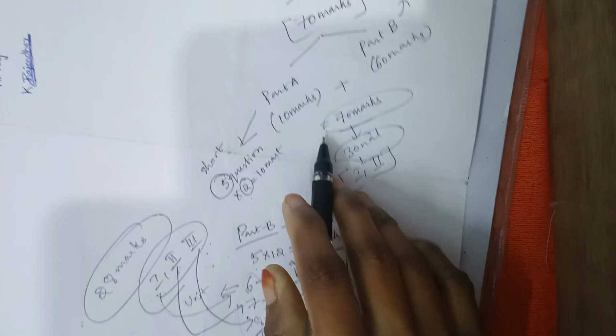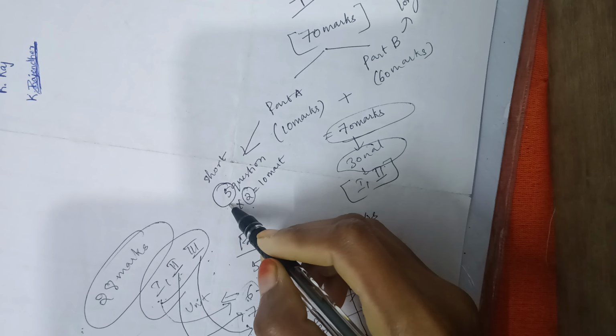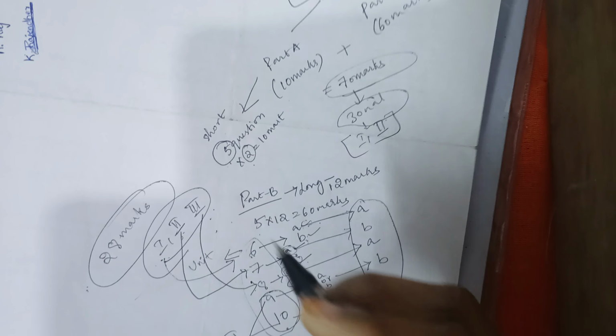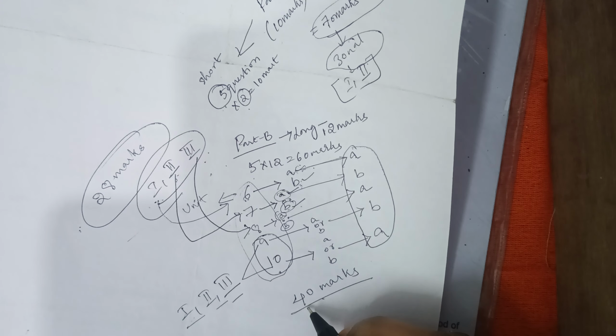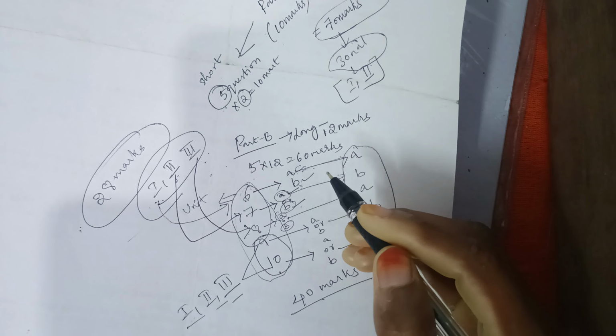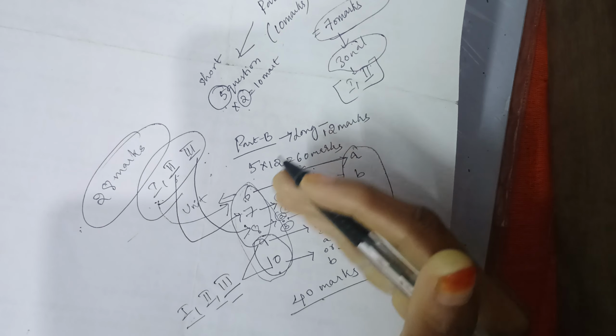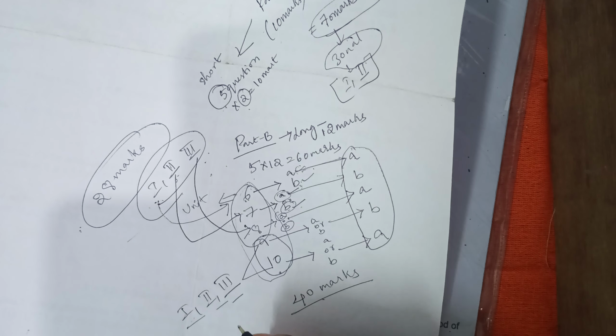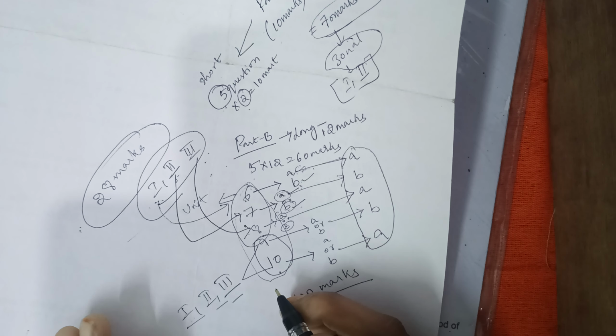And in the short answer, the 5 questions, right? Make sure that you attempt all the long answer questions, so that you will have the confidence that you will pass the examination.